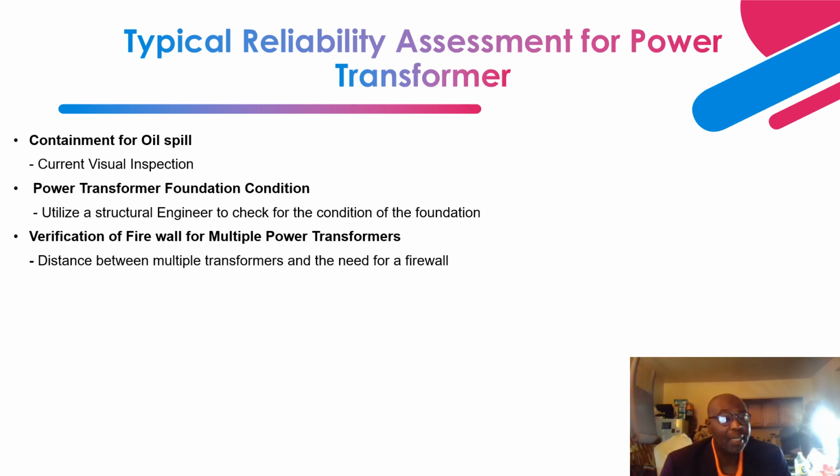So you need to make that measurement and determine if a firewall is needed. Similarly, the distance between the transformer and the substation building also needs to be measured, and you must make sure that the substation building is firewall ready.